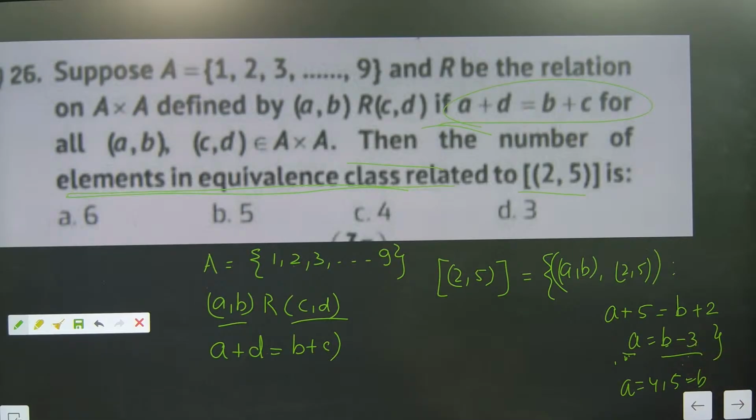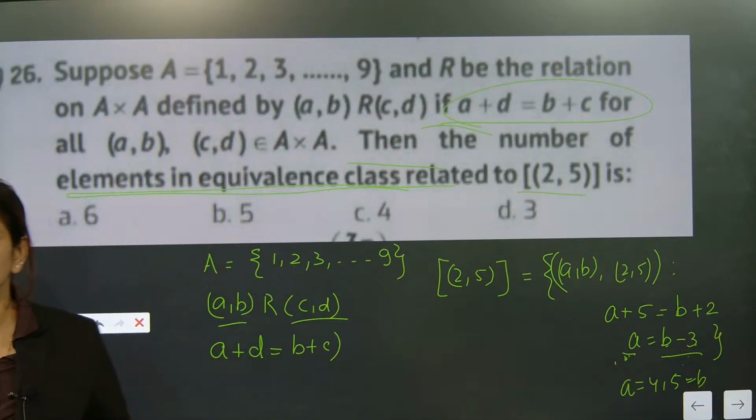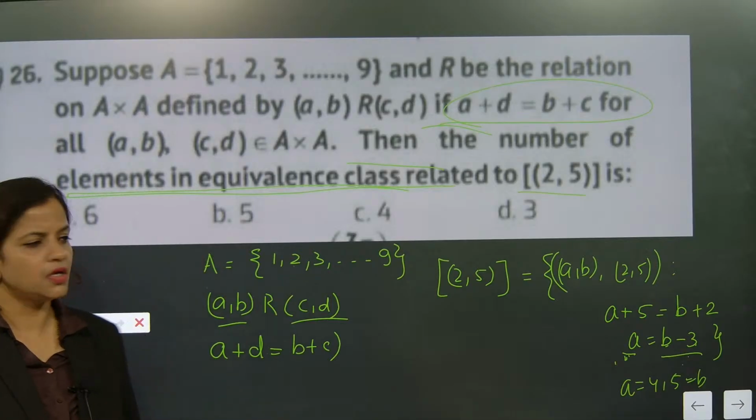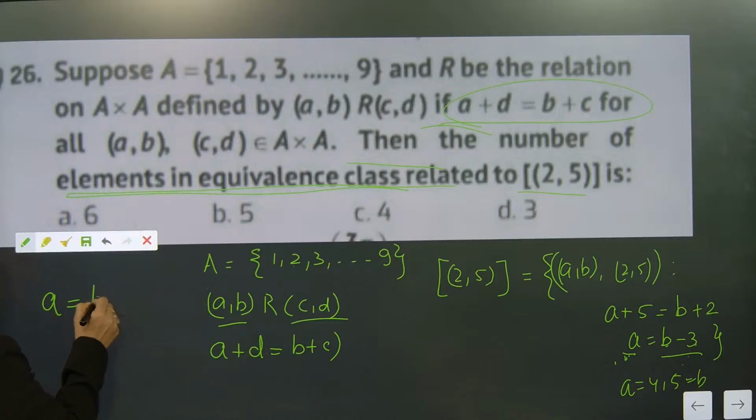So you keep the B value and you will keep getting the A value. Your situation is A is equal to B minus 3. So you start taking B. If I put B is equal to 4, what is the value of A coming? A is coming as 1. So one element is coming, 1, 4.